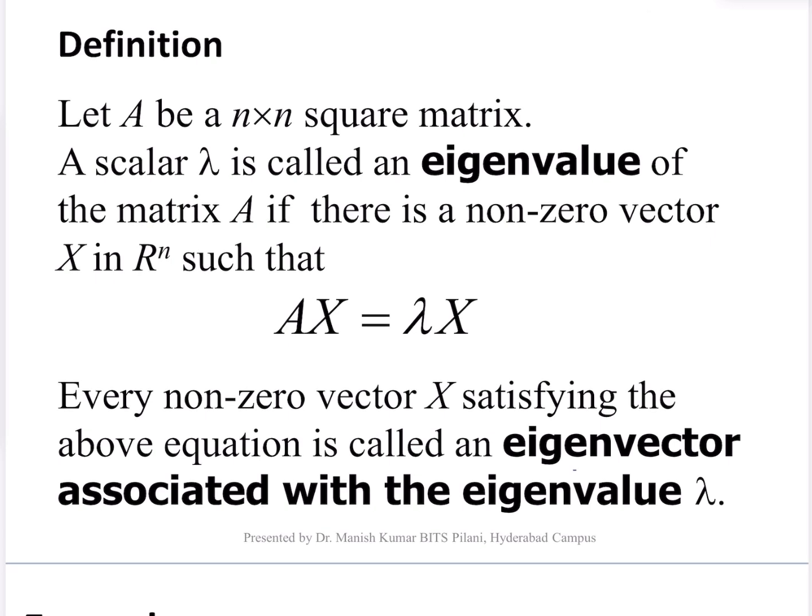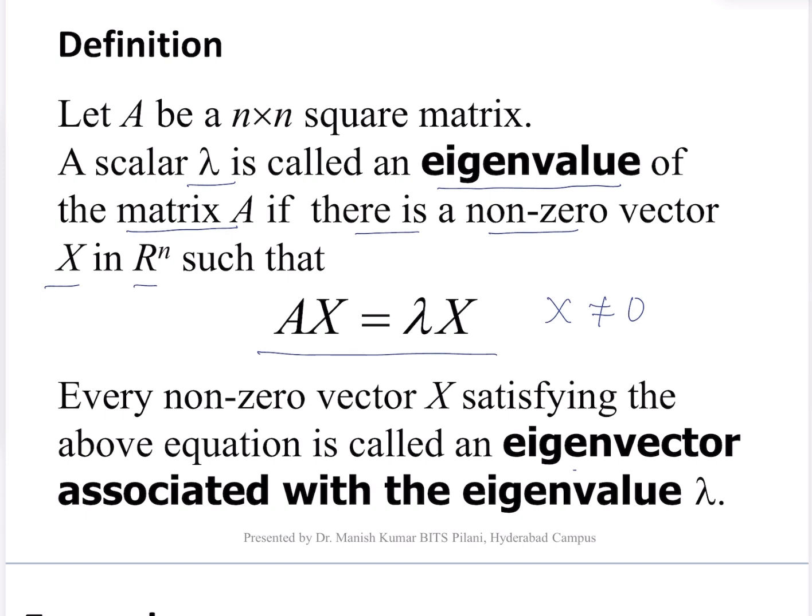Okay. Now let A be a square matrix, and a scalar lambda is called an eigenvalue of the matrix A if there is a non-zero vector x in Rn such that this equation holds: Ax equals lambda x, where x is a non-zero vector.